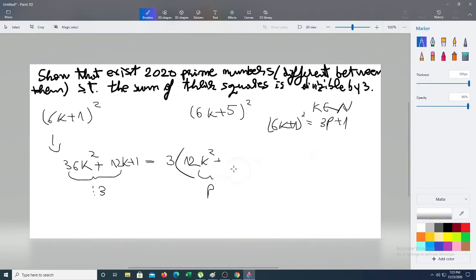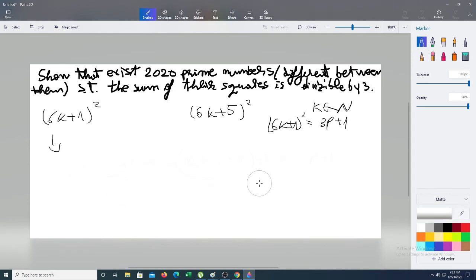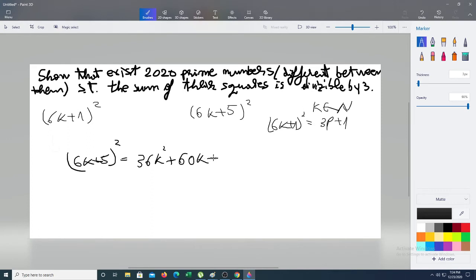Okay. After this, we have to do the same thing with this form in the same way. We have 6k plus 5 squared is equal to 36k squared plus 60k plus 25, which is equal to.